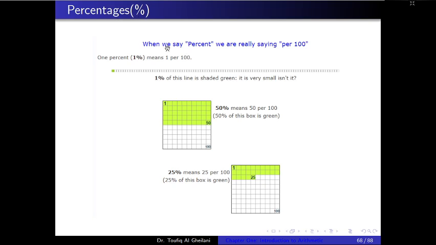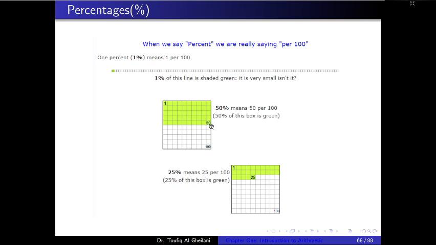Percentages. When we say percent, we are really saying per 100. 1% means 1 per 100. So this line is divided into 100 parts, and this shaded green part is 1% of the line. It is very small, isn't it? And this is a square.